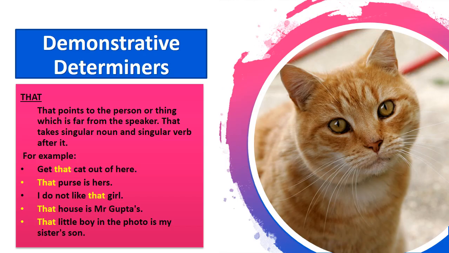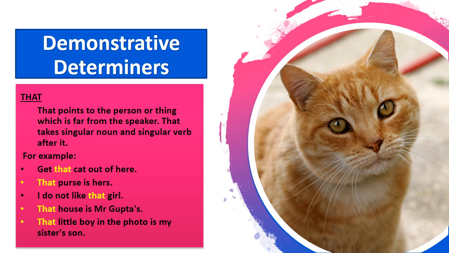Now students, let's learn about the demonstrative determiner that. That points to the person or thing which is far from the speaker. And that takes singular noun and singular verb after it. That means the thing which is far from the speaker, and that is also used for singular.